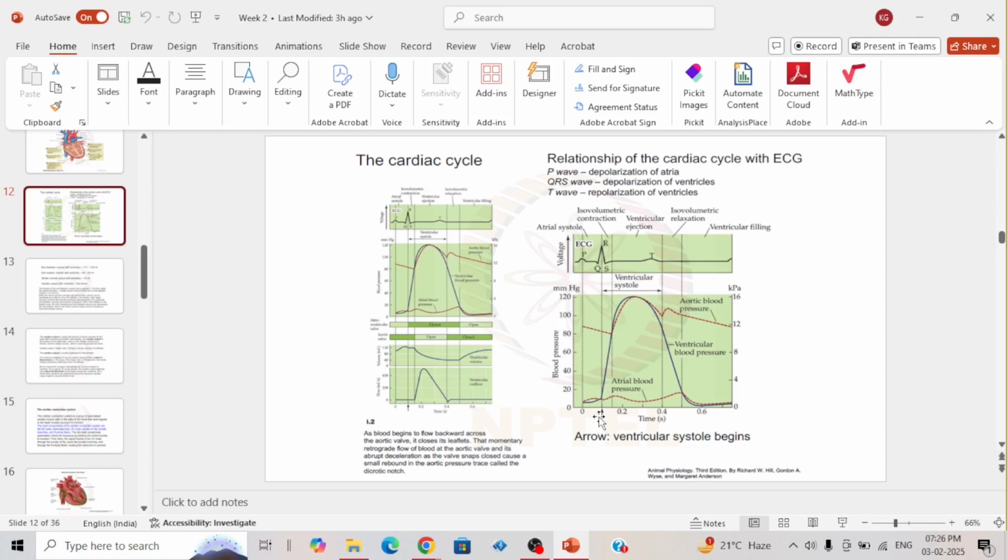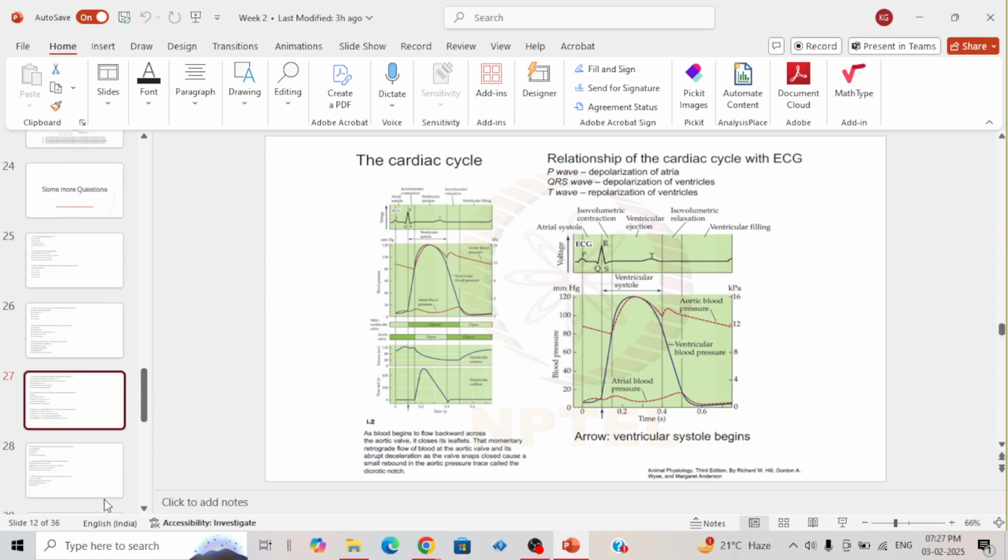Both the bicuspid valve and the semilunar valve are closed, and the blood has entered the ventricles and the ventricles have started contracting, and the pressure inside the ventricles is increasing. So this is the situation of isovolumetric contraction. The main point here is the valves, the bicuspid and the semilunar valve, both are closed in the isovolumetric contraction situation.